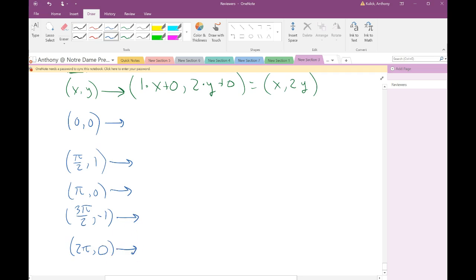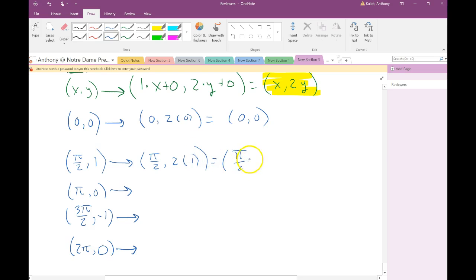And now I'm going to use this transformation on each of these key points. So I'm basically just going to plug in the x coordinates and the y coordinates. Is everybody okay with what I'm doing here?